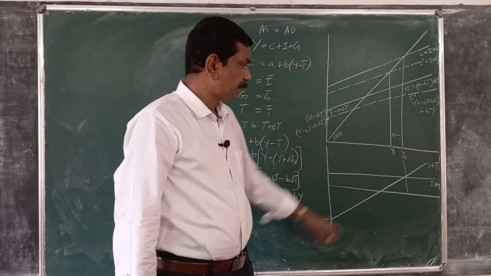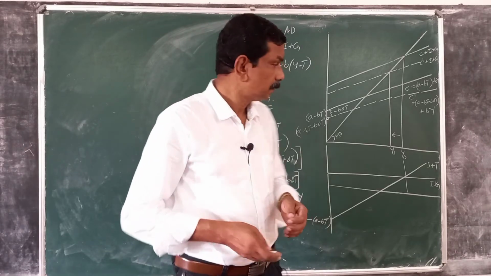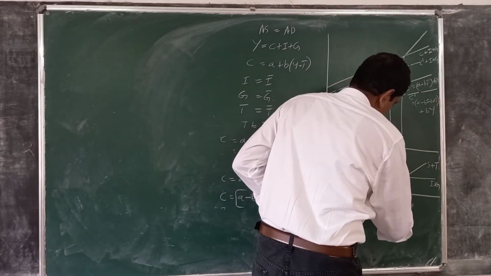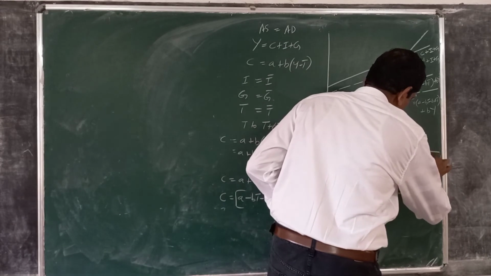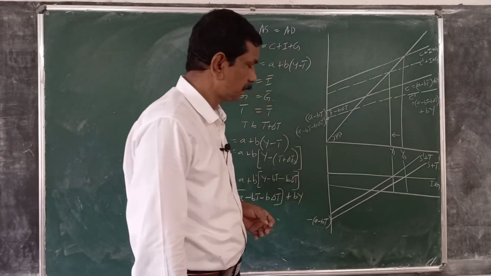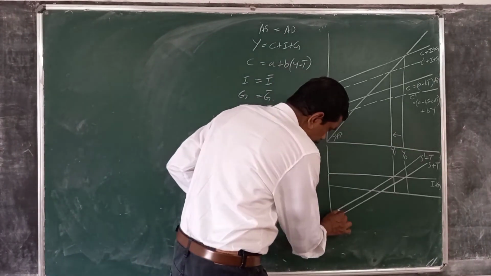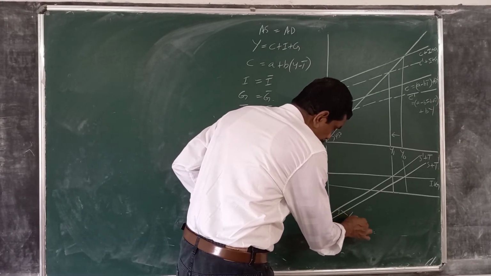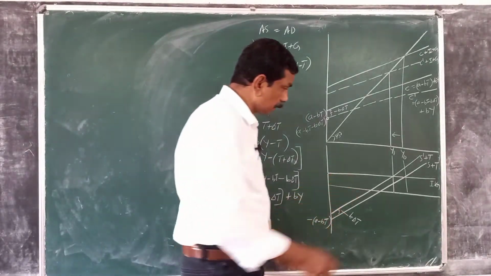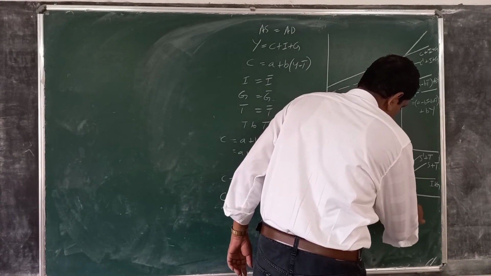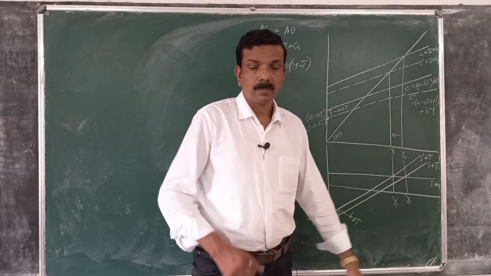As we have shown earlier, in terms of S dash plus T, the saving function also shifts downwards, and as tax increases, S dash plus T shifts upwards, and this distance is B into delta T. So the new equilibrium I plus G is equal to S dash plus T, occurring at the new level of income Y1.